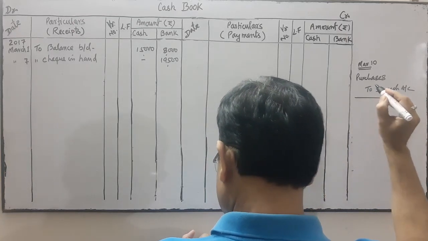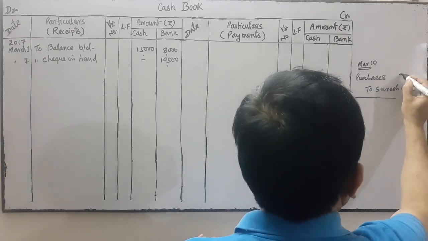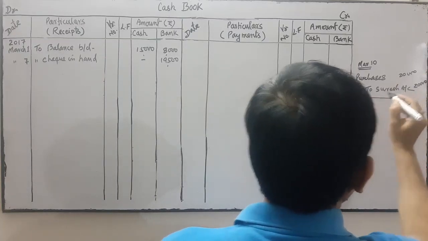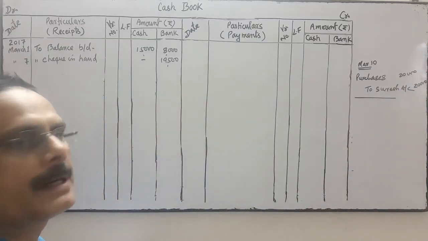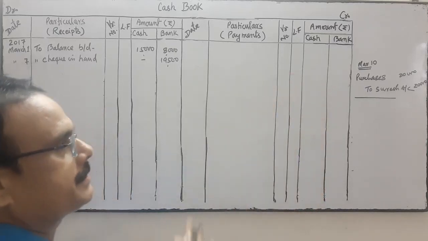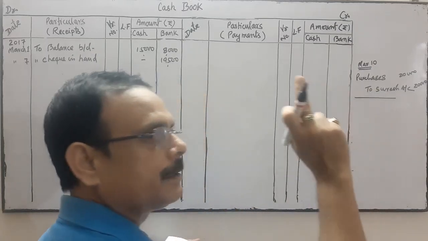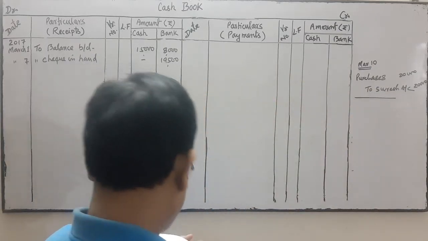The amount of purchase is 20,000. This will be recorded in the purchase book. It's a credit purchase because the amount is not paid.